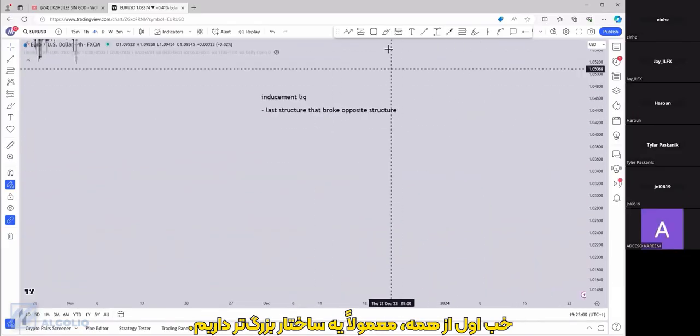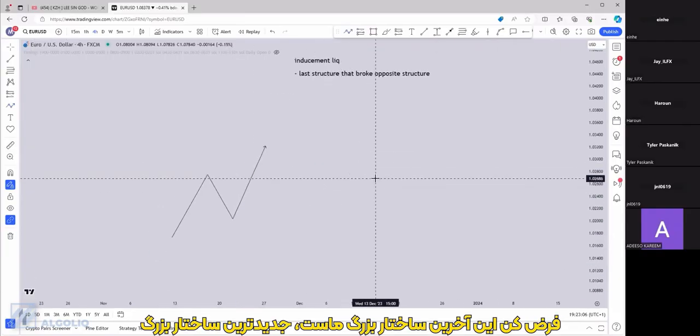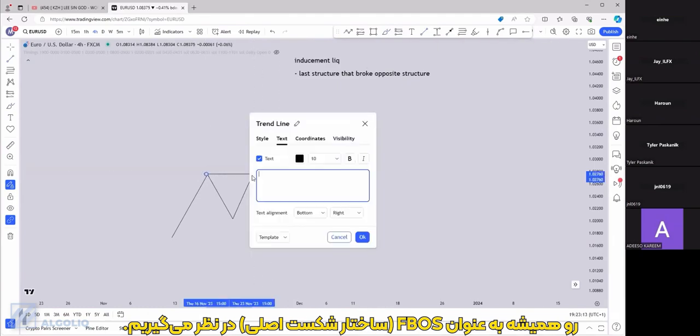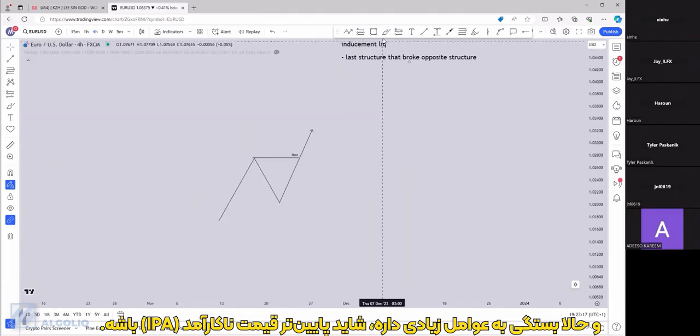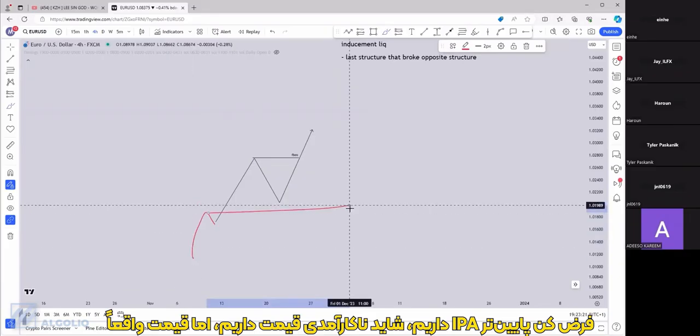So first of all, we usually have a breaker structure. Let's say this is our last, the most recent breaker structure. We always consider the breaker structure FBOS. Now it depends on many factors. Maybe price is inefficient below, so let's say we have IPA below.